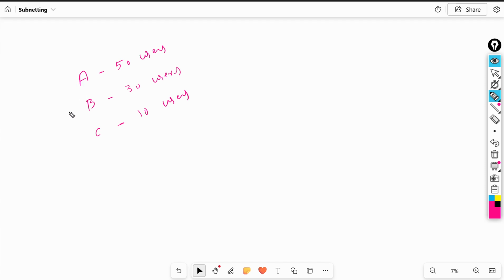These are 3 different departments, and I want to connect them in different networks. So Department A requires one network, Department B requires one network, Department C requires one network. In Department A, we have only 50 users, right? For 50 users, which class is better? In class A, we have 1,67,77,216 IPs for each network.